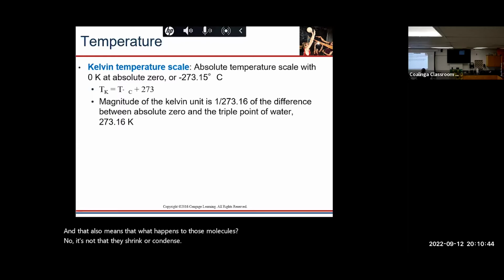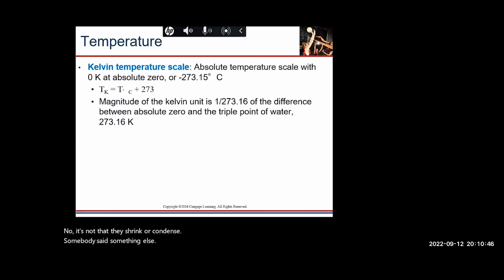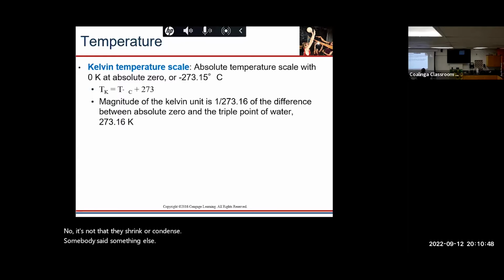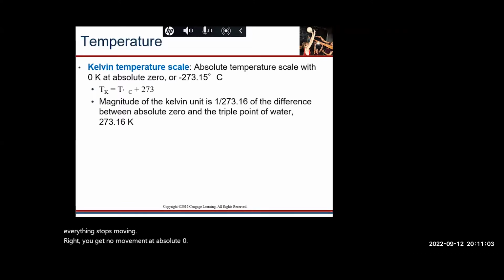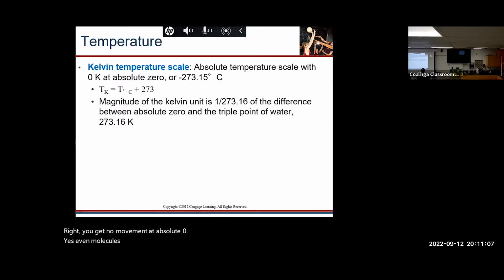Everything is going to become solid, but even solids move, right? So at absolute zero, everything stops moving. You get no movement at absolute zero, even molecules. Absolute zero is when everything stops moving.